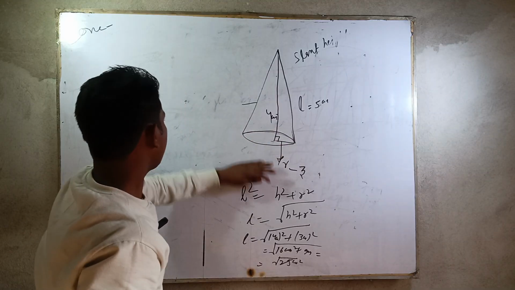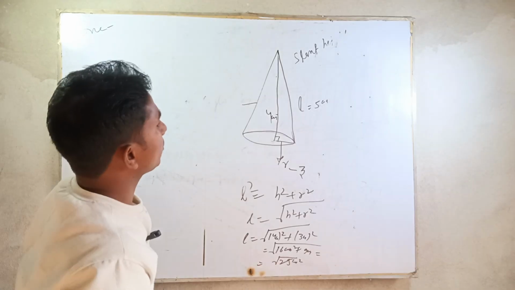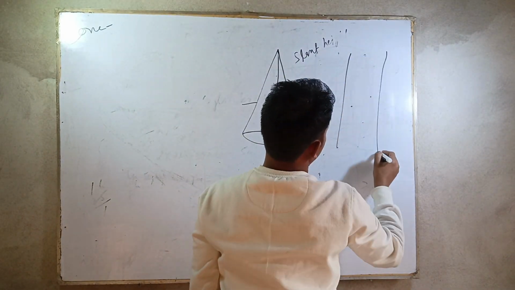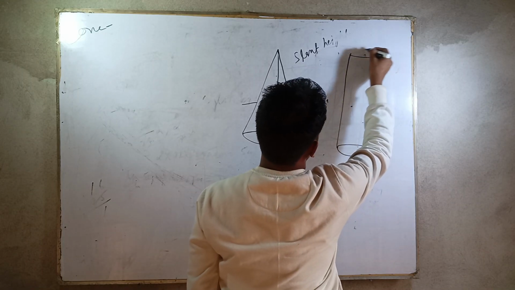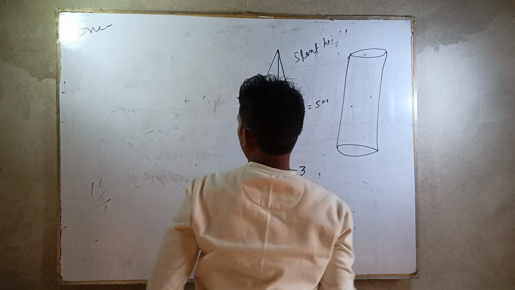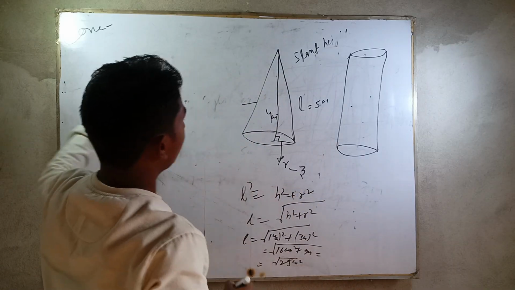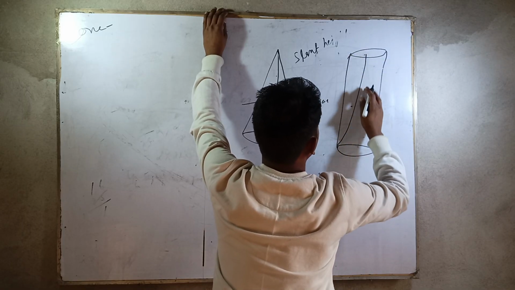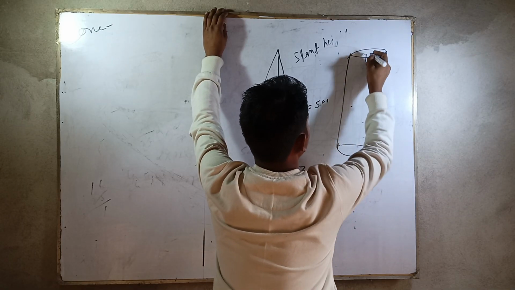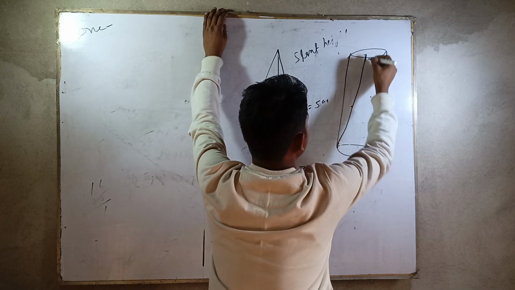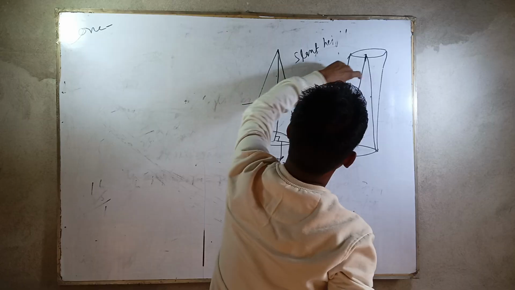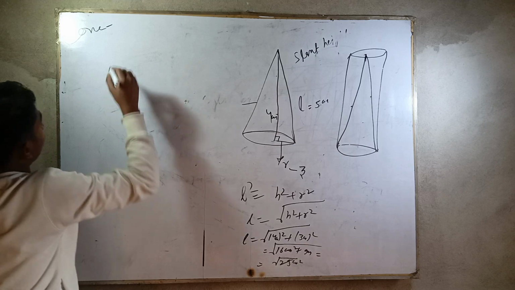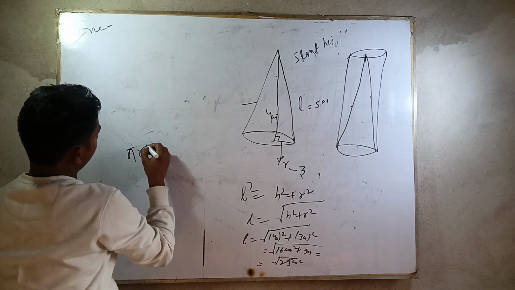Now first I need to know how to find its volume. In the figure, this one is a cylinder, and it is cut. The volume of a cylinder is pi r squared h.